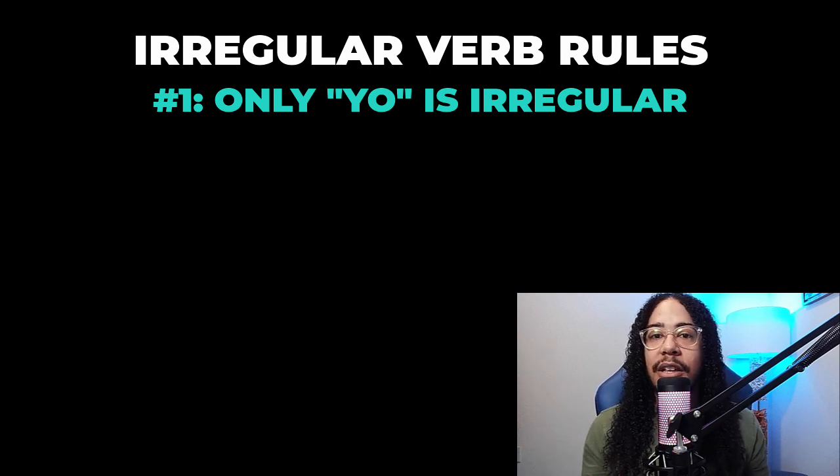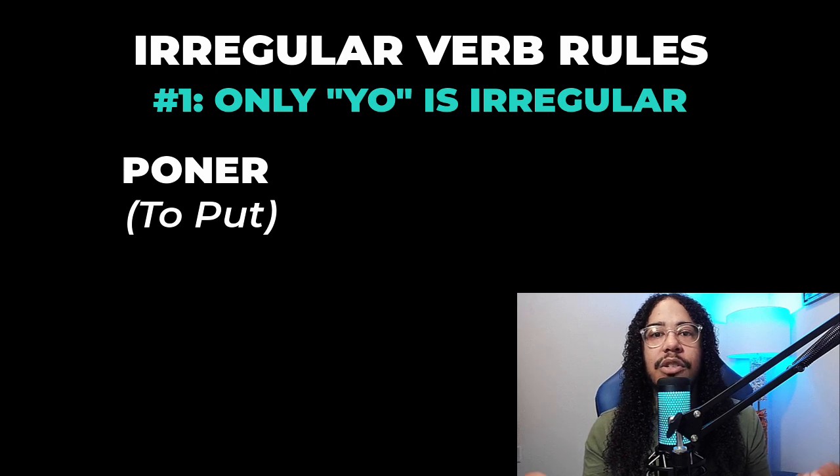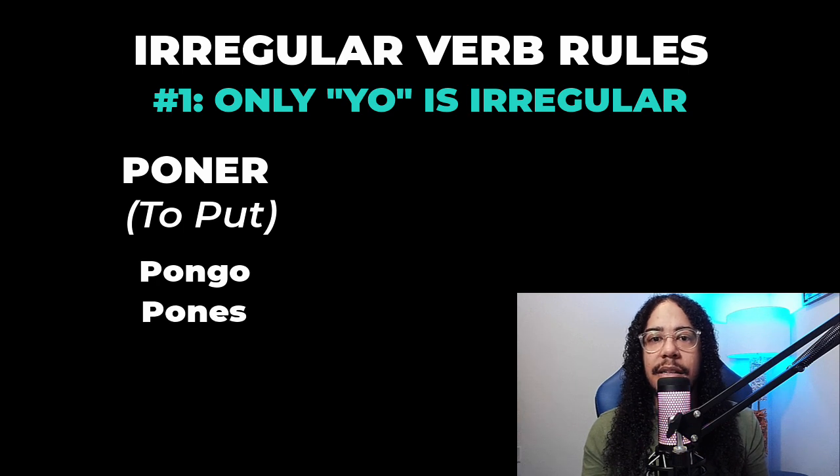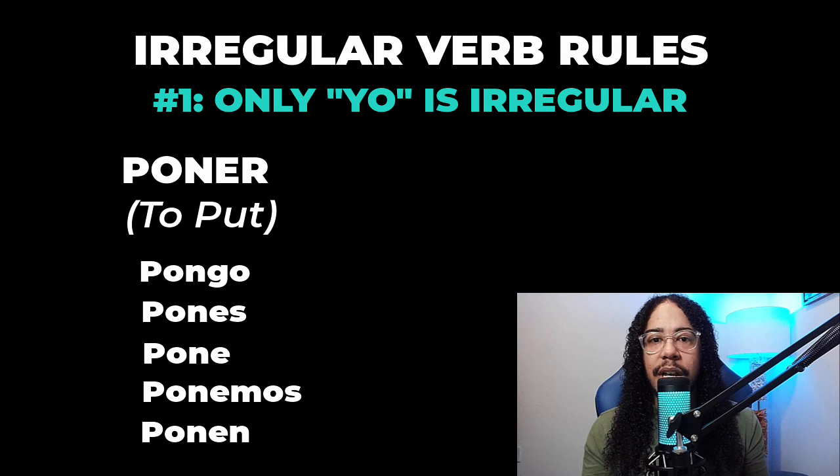For some irregular verbs, only the yo form is irregular. So this can mean that the yo form gets a new letter or that one of the letters changes to a different one. Let's look at the verb poner, which means to put. The conjugations are pongo, pones, pone, ponemos, and ponen.